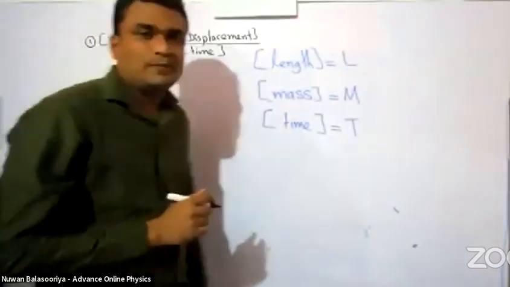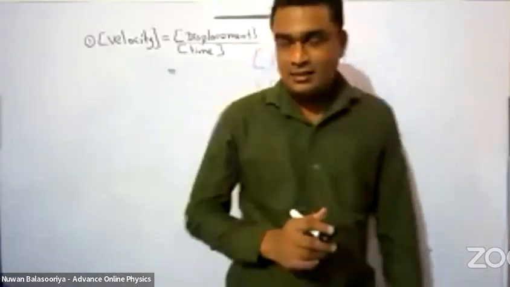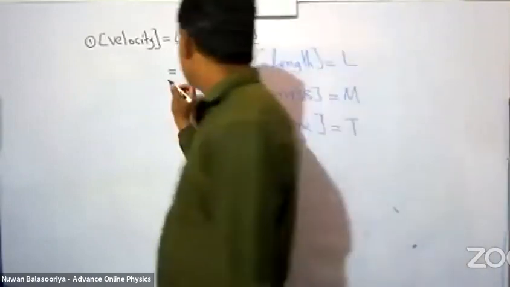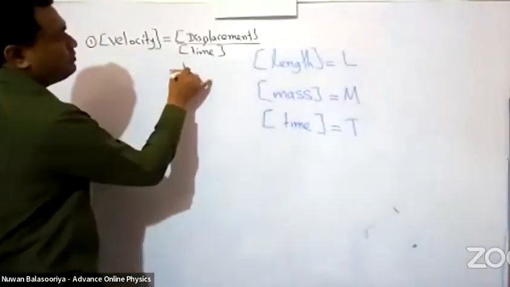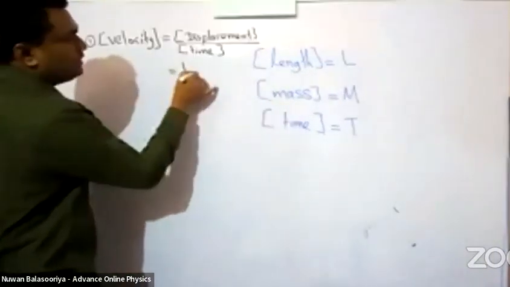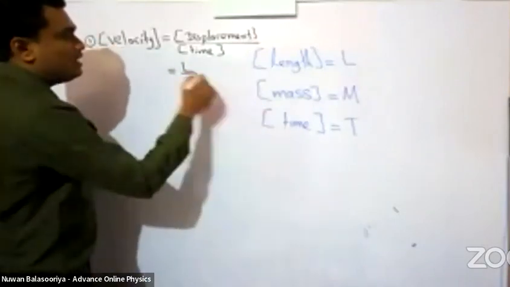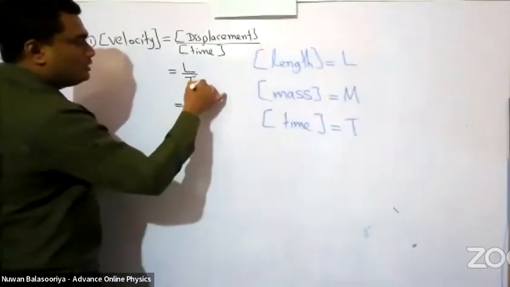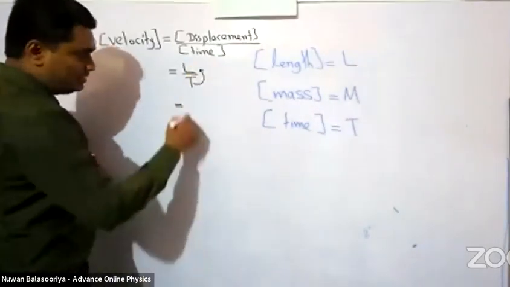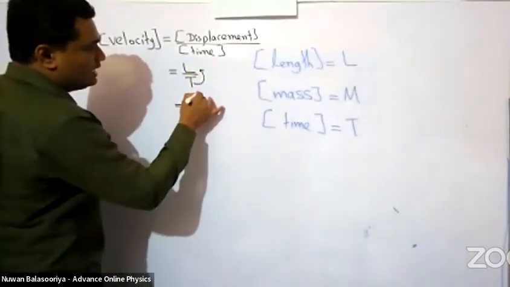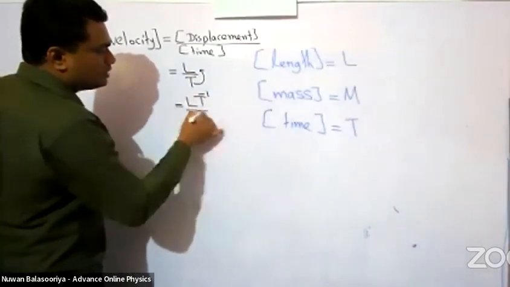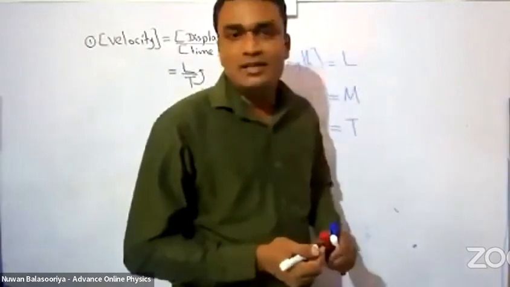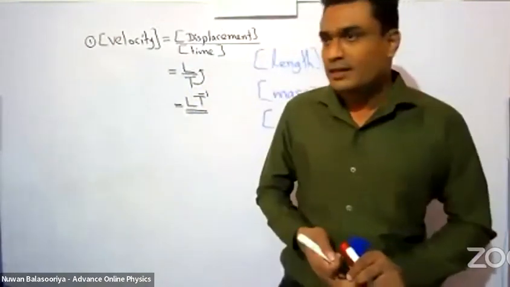We learned what displacement is under the mechanics lesson. Displacement is the shortest distance. Distance is a length, so displacement has the same dimension as length, capital L. And the dimension of time is capital T. Since T comes with the minus sign, the dimensions of velocity will be L T to the power minus 1. Normally, we don't say T to the power minus 1, simply we say T minus 1, right?